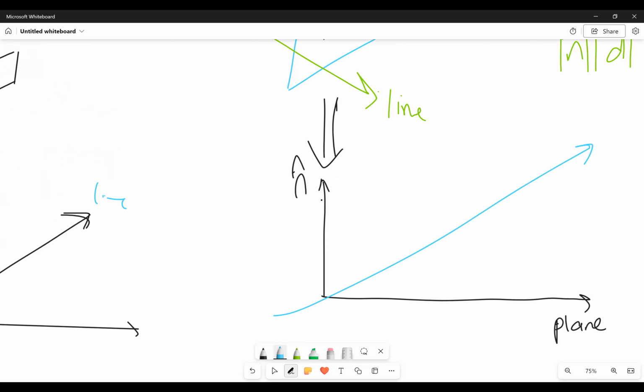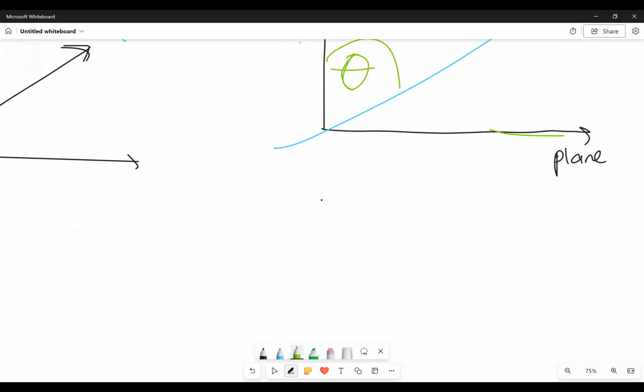If we find the angle between the normal and the line, we'll get this angle. You notice now that that's not the angle we want. We want the angle between this line and this plane, so we want this angle.